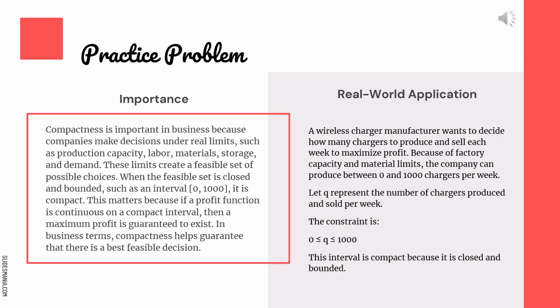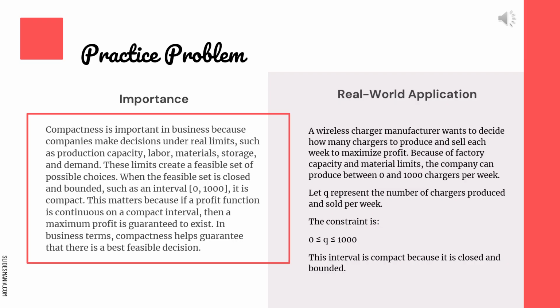So, applying it again to a real world application, a wireless charger manufacturer wants to decide how many chargers to produce and sell each week to maximize profit. Because of factory capacity and material limits, the company can produce between 0 and 1,000 chargers per week. So let's have Q represent the number of chargers produced and sold per week.